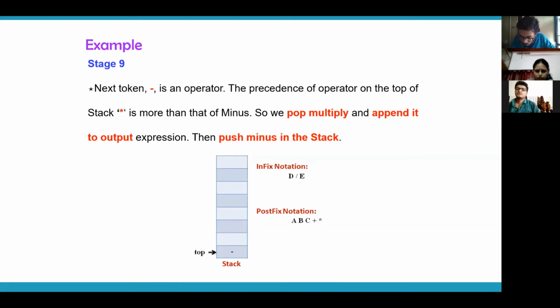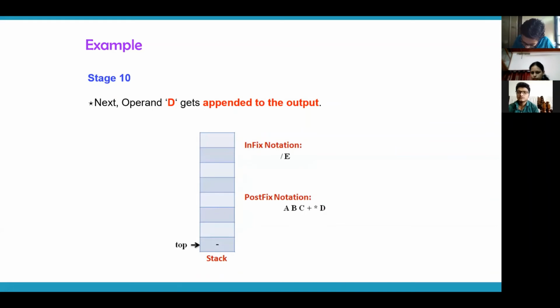Now who is the next character? D. D will go into the postfix notation. So in the next step, D will go into the postfix notation. Now who has come? Again, we have a problem because there are two operators in a clash. Now this is division.